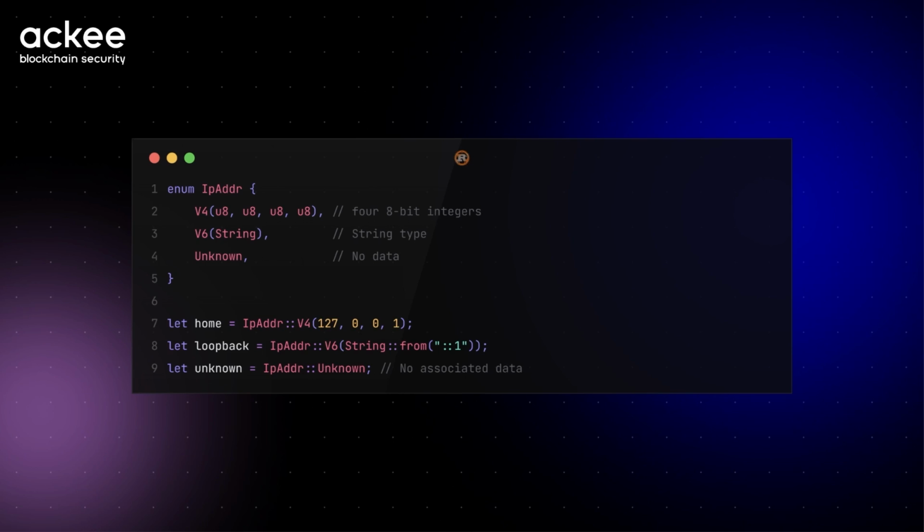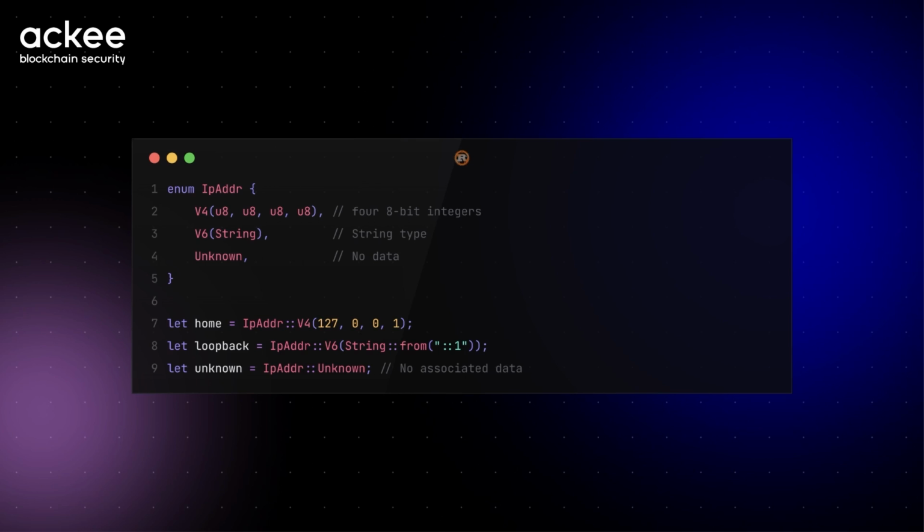As you can see in the code on the first line, we have defined an enum, which is called IP address, or IP ADDR, and we have three variants that are contained in this enum. First one is v4, which inside contains four 8-bit long unsigned integers. Then the v6, which contains a string, or we have an empty variant, which contains only the information that the IP address is actually unknown.